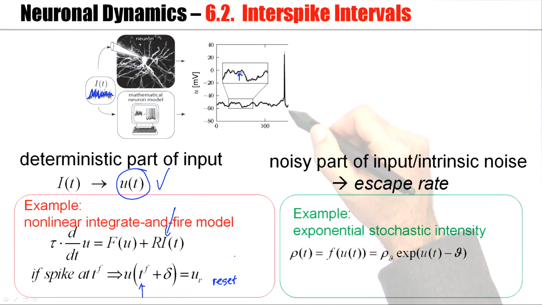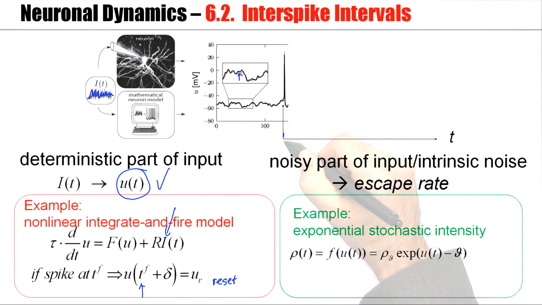Now, our real neuron and also our model neuron fire at this moment in time. I call this firing time t hat. This is the last firing time. If I'm at time t, I look back, this is the last firing time of the neuron.